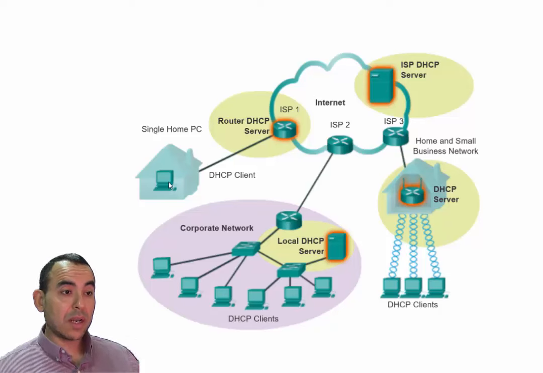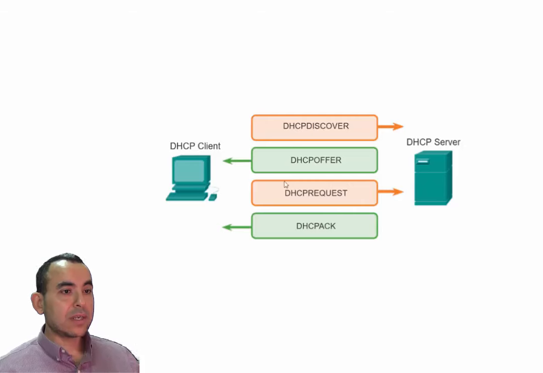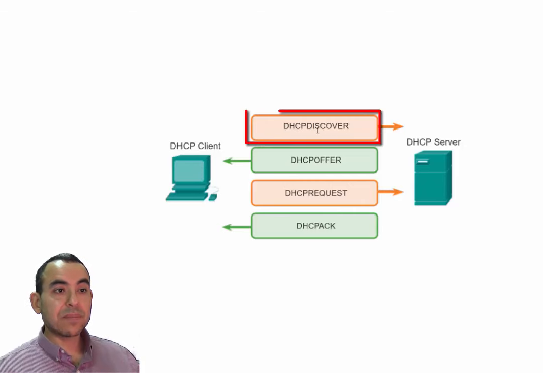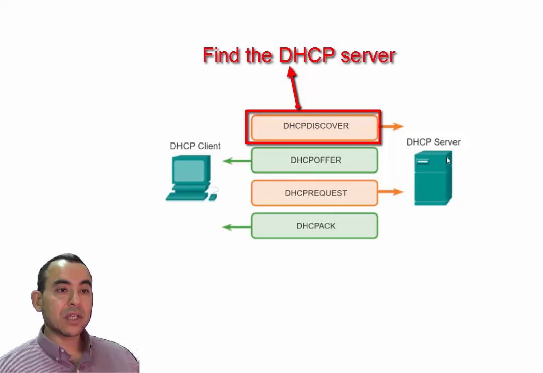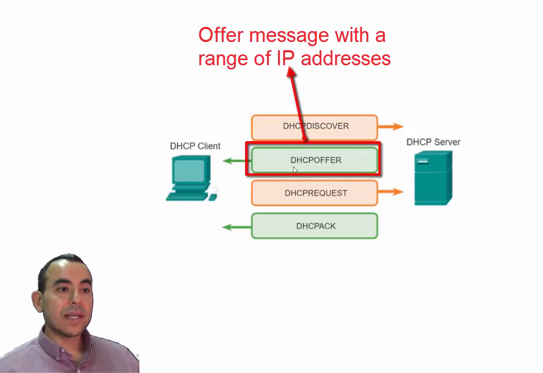So the way that DHCP works is first the client will send a DHCP discover message. The DHCP discover message is a broadcast message to all the machines on the network to try to find if there is any DHCP server on the network, and if there is one, then the DHCP server will send a response in the form of a DHCP offer.